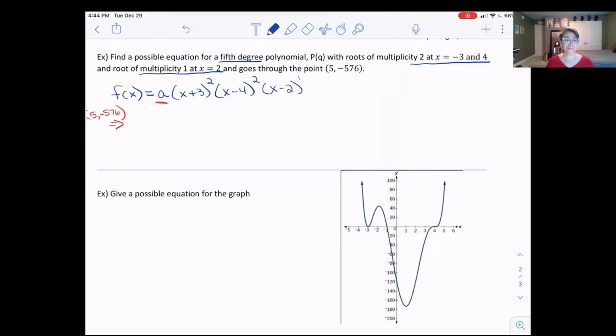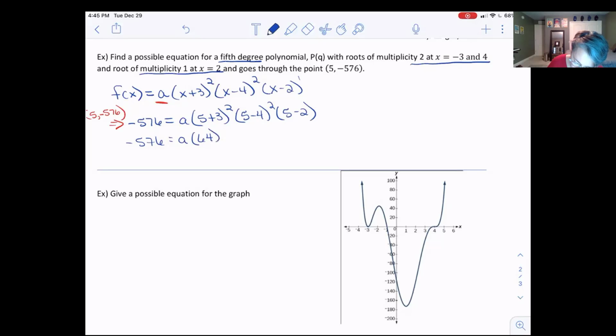This time they didn't give us the y-intercept, but we can still use that point. So the y value is -576. We don't know the a, and our x's are 5. So (5 + 3) squared, (5 - 4) squared, (5 - 2). So 8 squared is 64, 1 squared is 1, 5 minus 2 is 3, equals 192 times a.